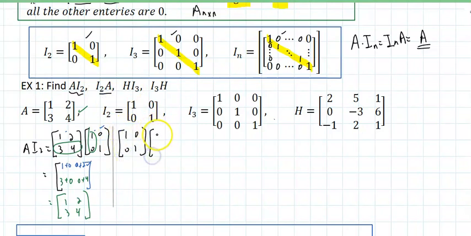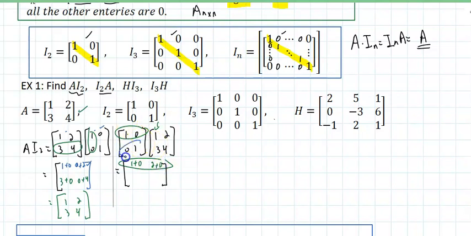And if I decided to go the other way around, if I wanted to do I times A, and do remember, AB in matrix land is not the same as BA, but here you'll notice I'll get a 2 by 2. Again, to generate the first row, I use the first row: 1 times 1 plus 3 times 0, 1 times 2 plus 4 times 0.